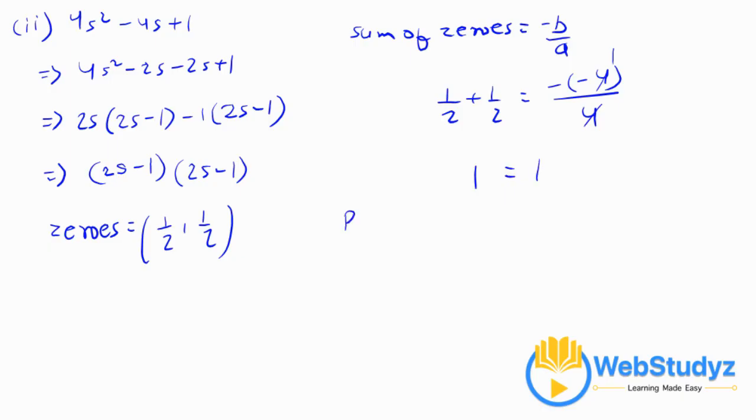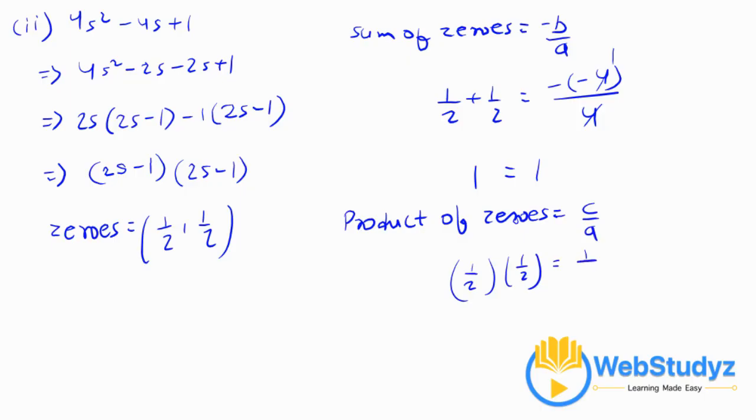So this is verified. Again, product of zeros will be c by a. Product of the zeros means 1 by 2 into 1 by 2, and c by a is 1 by 4. So this is again verified, 1 by 4 is equal to 1 by 4.